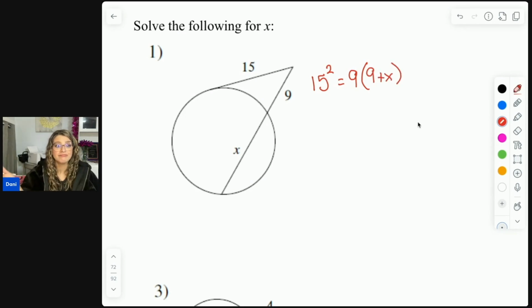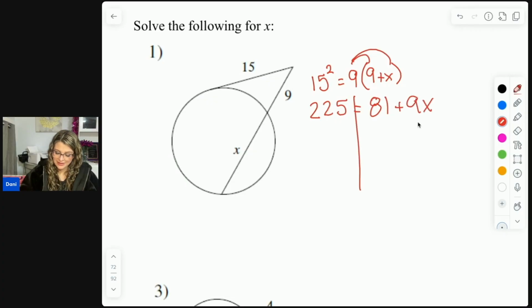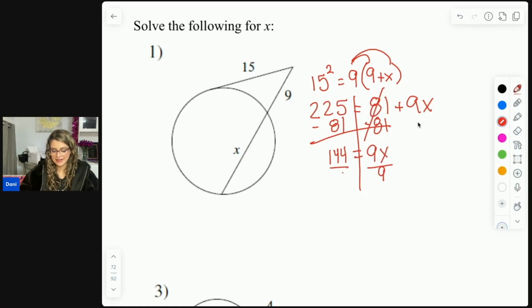And then we're going to solve. So we get 225 equals 81 plus 9x, subtract 81, we get 144 equals 9x, divide by 9, and we get 16.